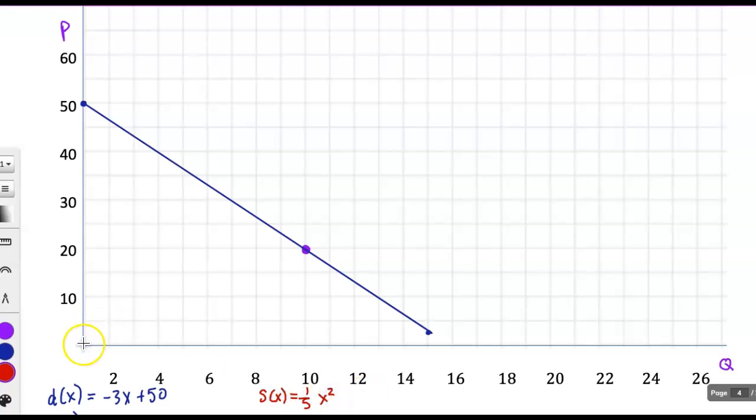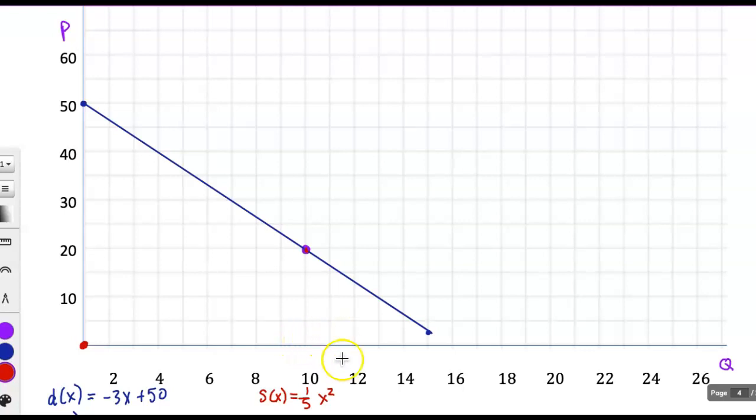Well, if I plug in 0, I get 0. So I can graph (0, 0). I know it has to go through equilibrium, which is right here. And so then I plugged in another point so that I could get a nice looking graph. The other point, I want to be able to divide by 5. So the other point I would plug in is, let's see, 15.